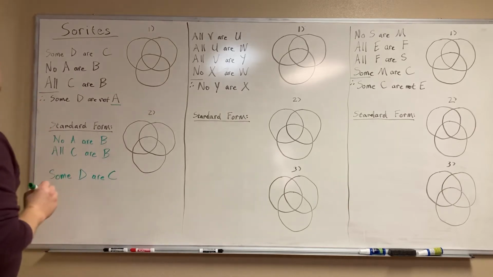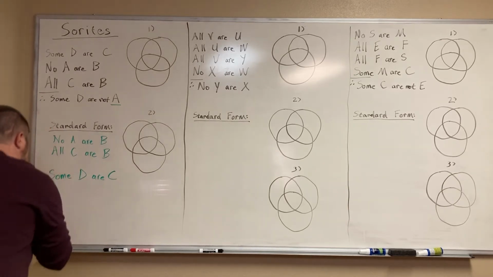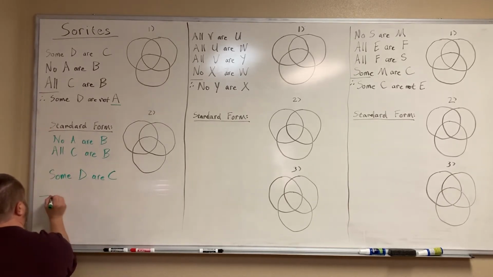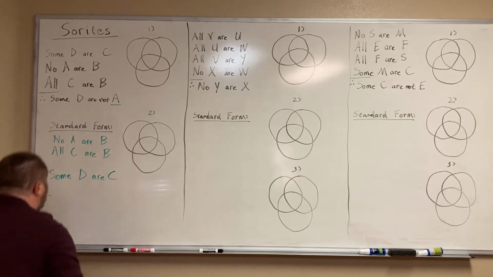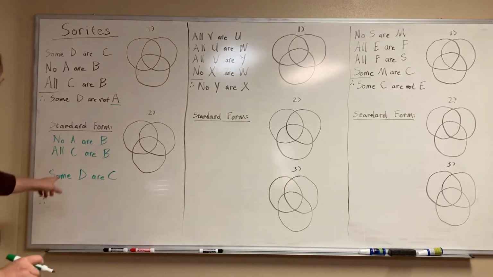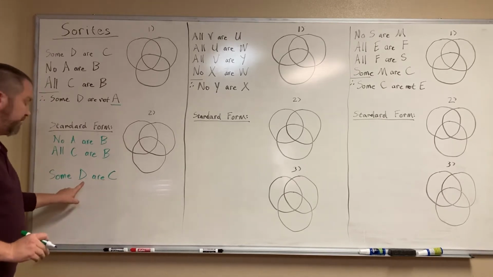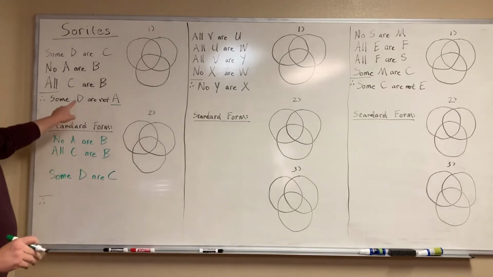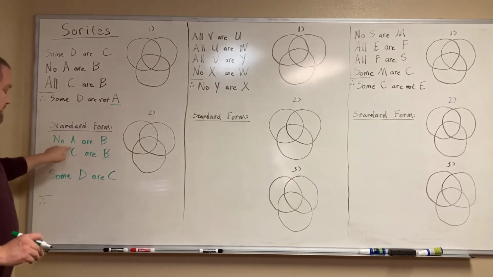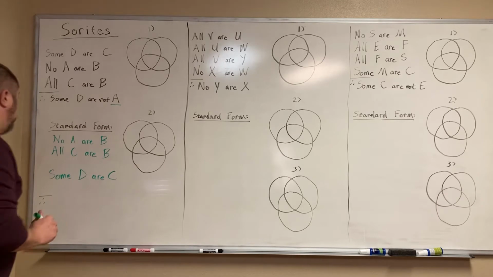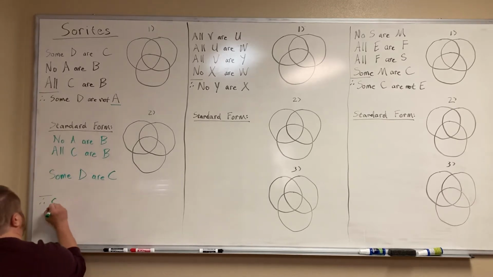Some D or C. Then I'm going to leave another gap and carry down our conclusion. And this is a good way to double check. So we've got the C that was used again. Our conclusion should have D, and D is the other term, and then the A is back up at the top. So everything comes full circle.